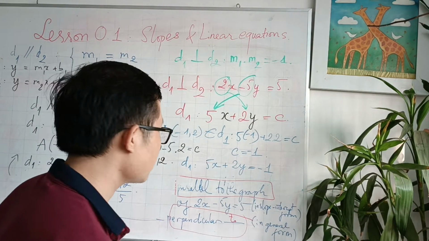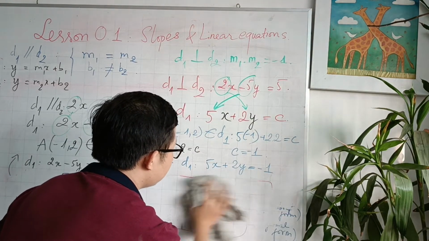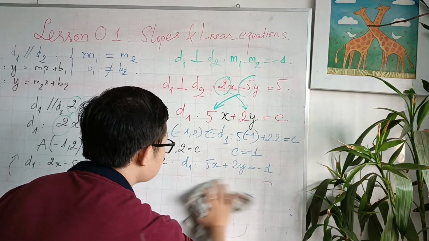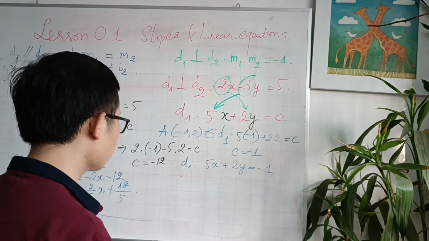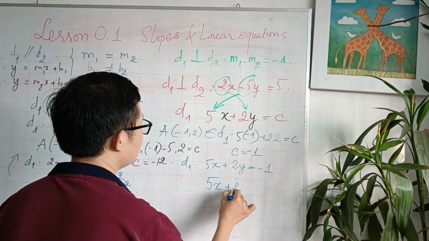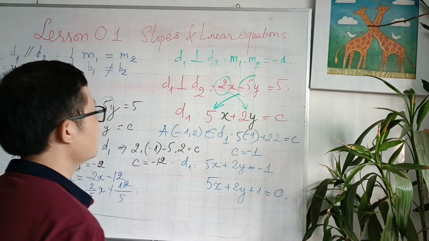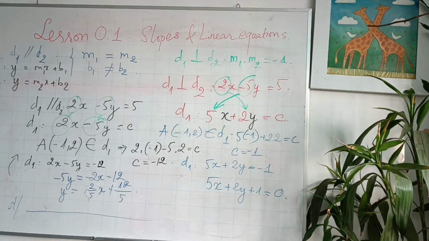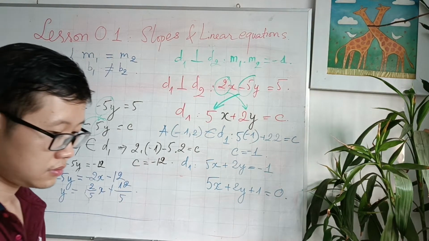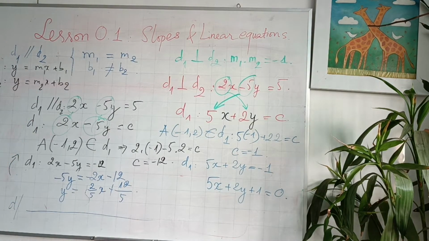So we move -1 to the other side and we have the last answer here: 5x plus 2y plus 1 equals 0. Okay, I think it's easy for you.